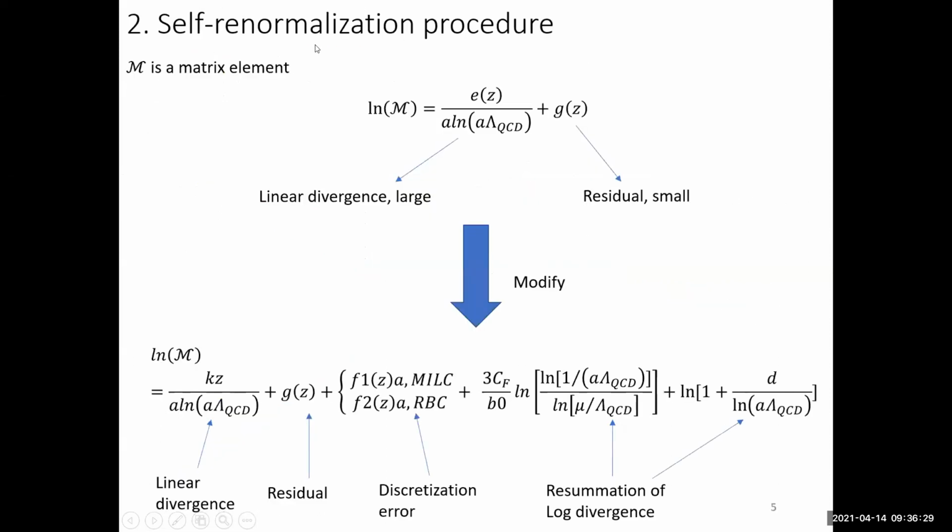Before I present the self-renormalization procedure, first we need to modify the fitting function. Since the linear divergence is very sensitive, we need to take care of every detail. We need to include the discretization error. We also need to include the resummation of log divergence.